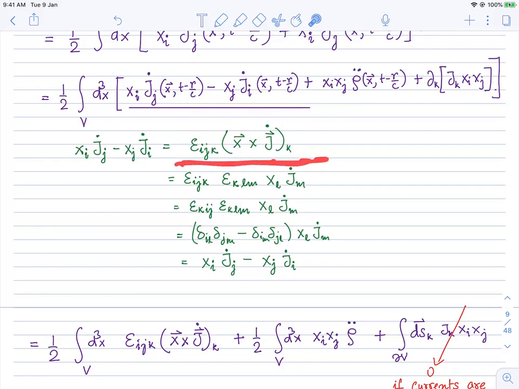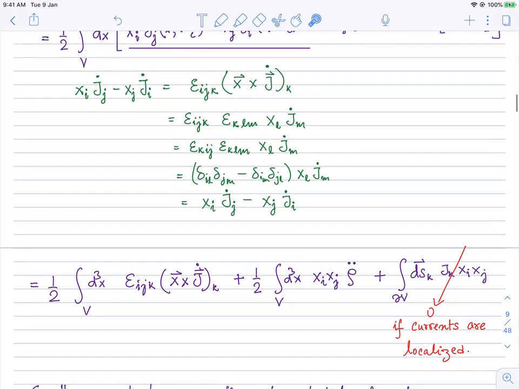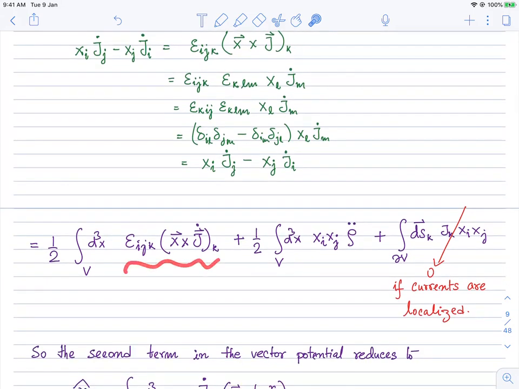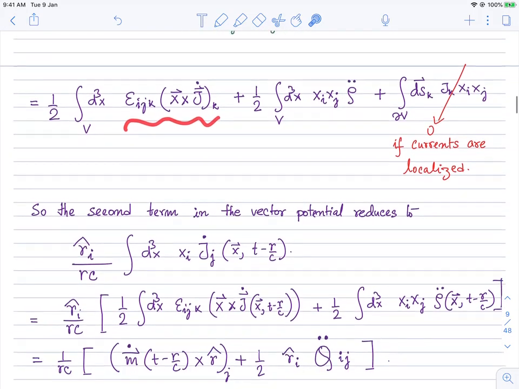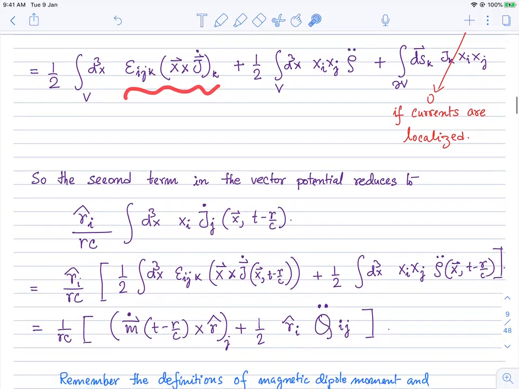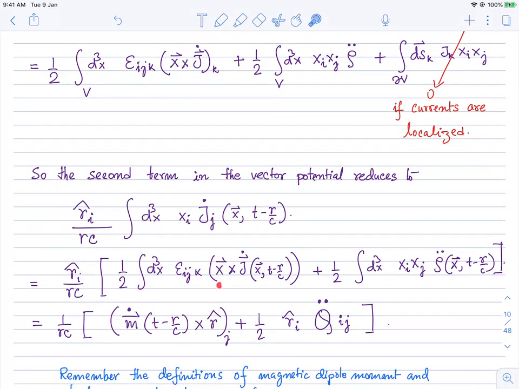Using the epsilon index notation, we can write this term in this form. And if we plug that back in here, then we find that ultimately we are able to write it as x cross j dot. And of course, there's a cross with r hat because of this epsilon.